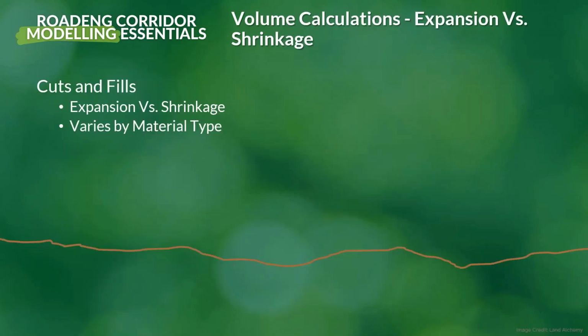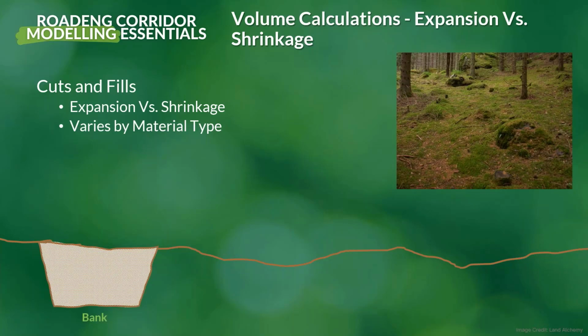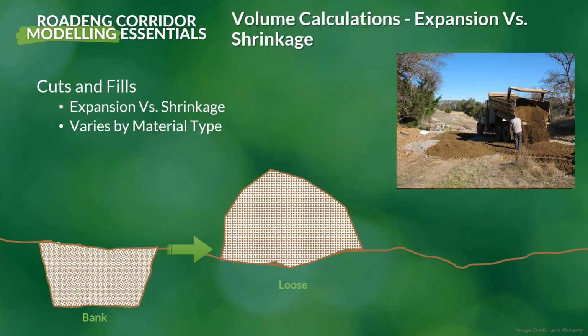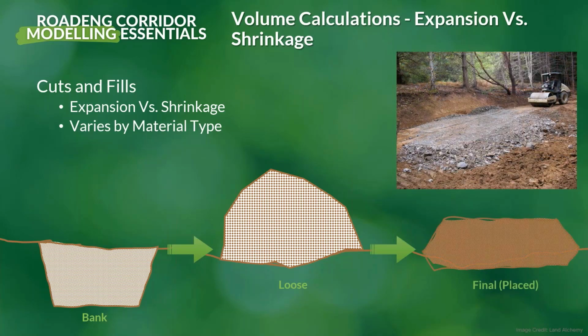The last layer in our volume calculations applies to materials and the fact that they have different states. Materials have three main states. The first is banked or in situ. Then we have loose, so this is once the material's been taken out, and before it gets to its final placed state.